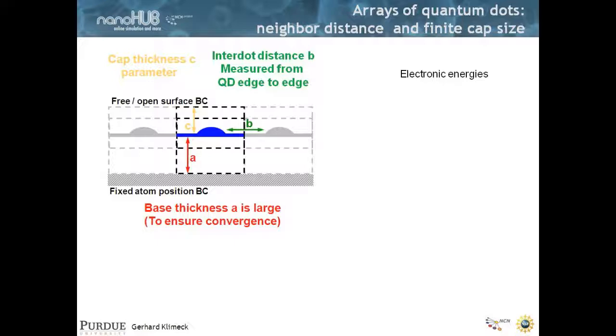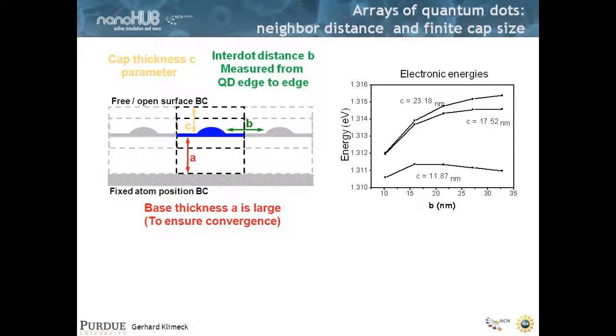How far away do you need to make this buried quantum dot from the substrate boundary condition? What are the effects of the lateral dimension, and what is the effect of capping? Because those are 3 different sizes in a sense, right? Capping is something you actually could control experimentally. You might want to have a smaller cap or a larger cap if you can maybe tune your quantum dots.